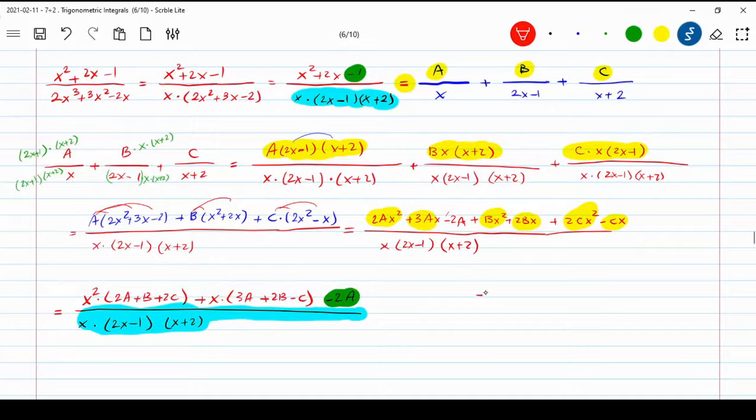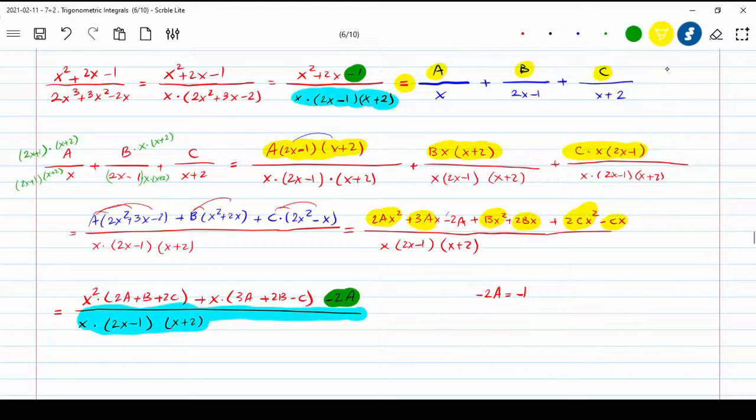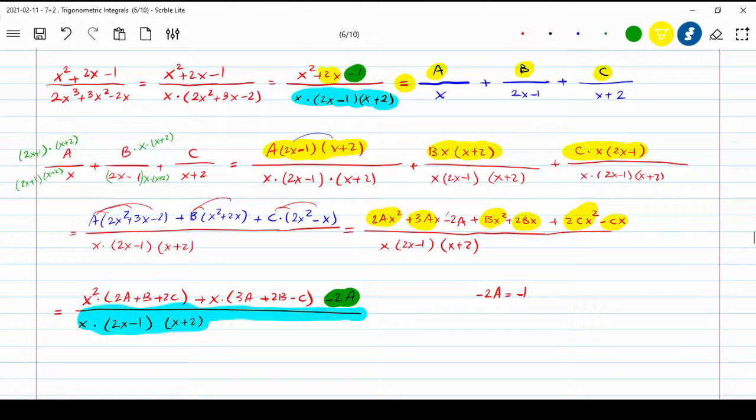I know that negative 2a must equal negative 1. This is the first thing that we know. Then the other property that we have, maybe different color, yellow is good. So here, 2x must match this term that contains x only. So that means the coefficient, which is 2.